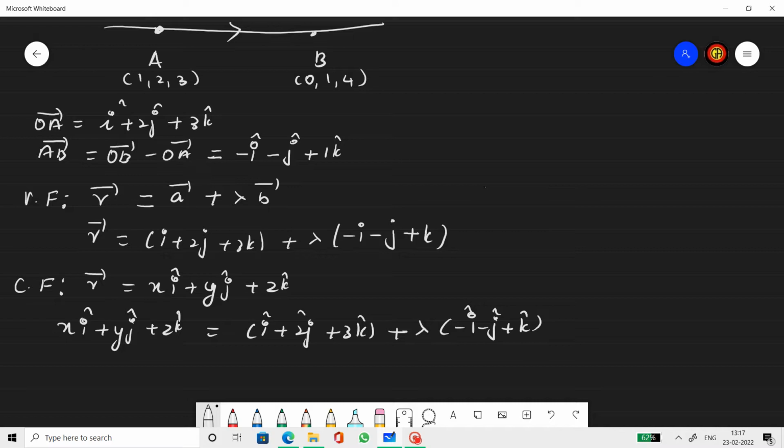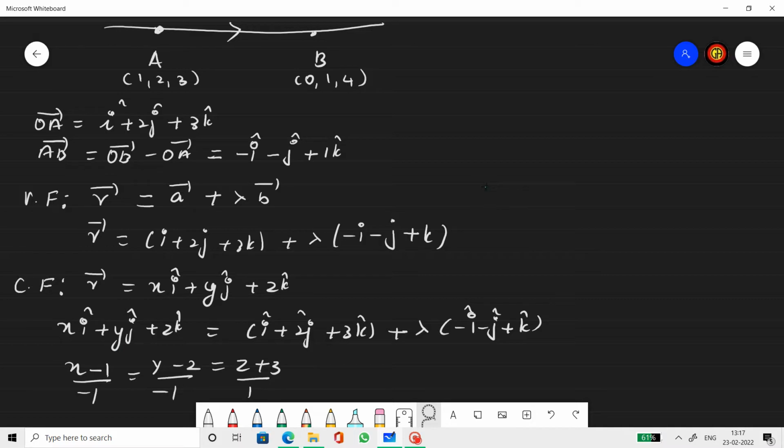Now compare the coefficient of i and come to the answer straight away. What do I get? x minus 1 by minus 1, y minus 2 by minus 1, and z minus 3 by 1. x equals 1 plus minus lambda, so x minus 1 by minus 1 equals lambda.